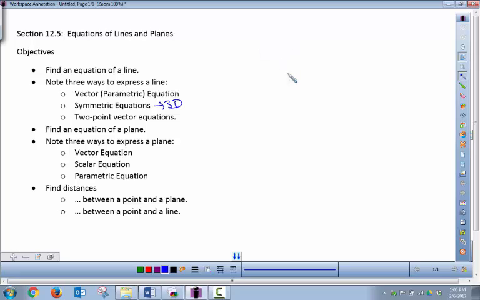In 2D, we generally can find an equation of a line if we have a point and a slope, right? But a line is defined by 2 points, so if we have 2 points, we can generally find the slope by doing the rise over run thing.